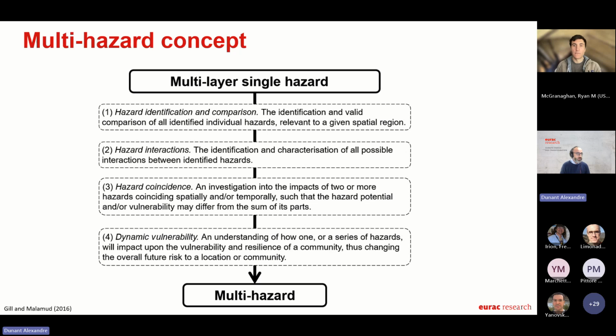And the fourth point is the dynamic vulnerability, or how through a series of hazards the vulnerability changes in time, over shorter or longer periods of time, and it basically makes the risk differ. According to this definition, that's where you reach multi-hazard. It's a goal that's hard to reach, but we'll go through this.